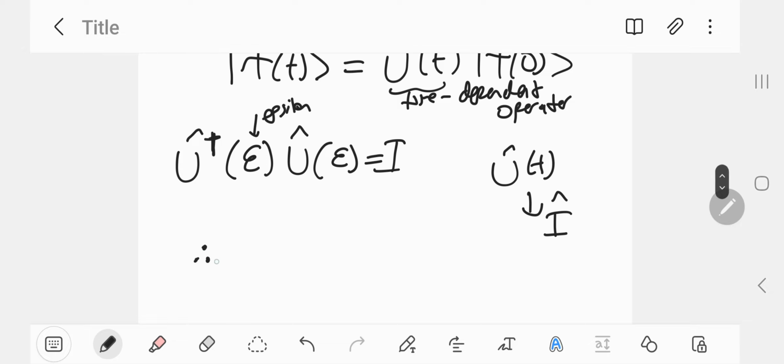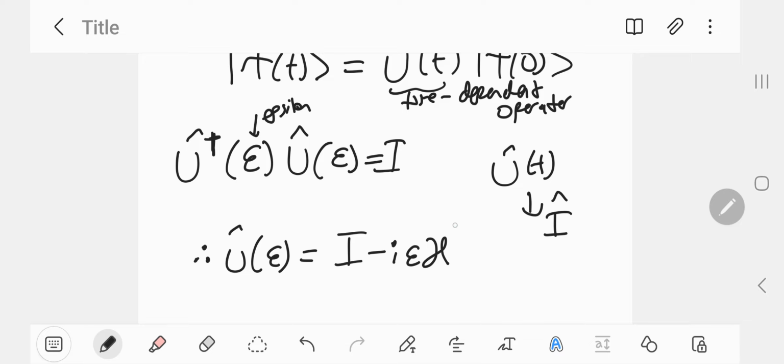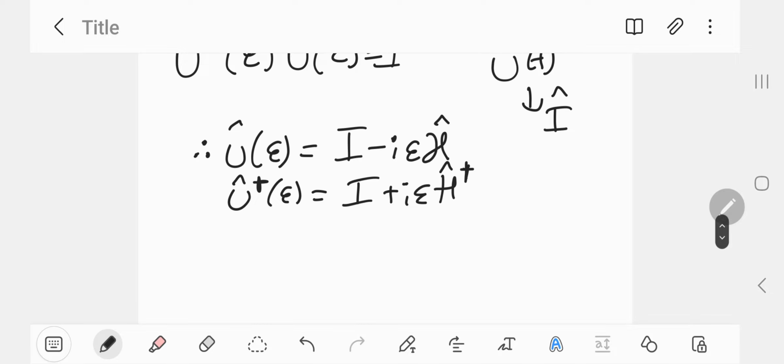So therefore we find that U of epsilon is I minus a small amount, I epsilon H hat. Note that the Hermitian adjoint of this is just the following. We've just put a plus instead of the minus for the I, H dagger.